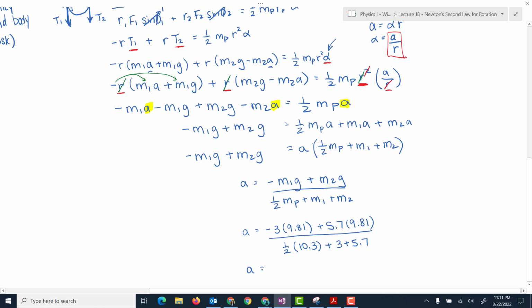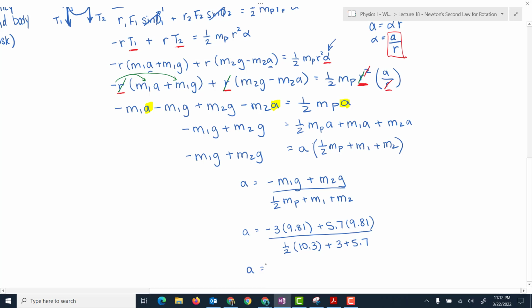Alright, so I'm going to type everything onto my calculator. And I get negative 3 times 9.81 plus 5.7 times 9.81 over 1/2 times 10.3 plus 3 plus 5.7.